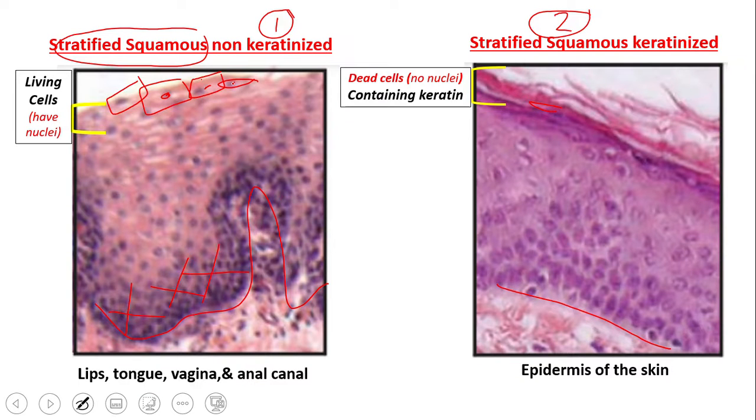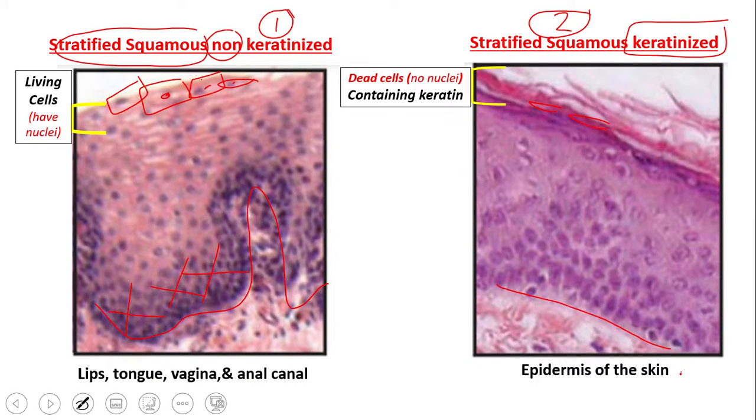This means this is stratified squamous non-keratinized because the keratinized cells are dead. So if you look at the top cells here, they do not have any nuclei. So they are dead. They actually contain the keratin protein. So this is stratified squamous keratinized. Why keratinized? Because the top cells are dead. They do not have nuclei.